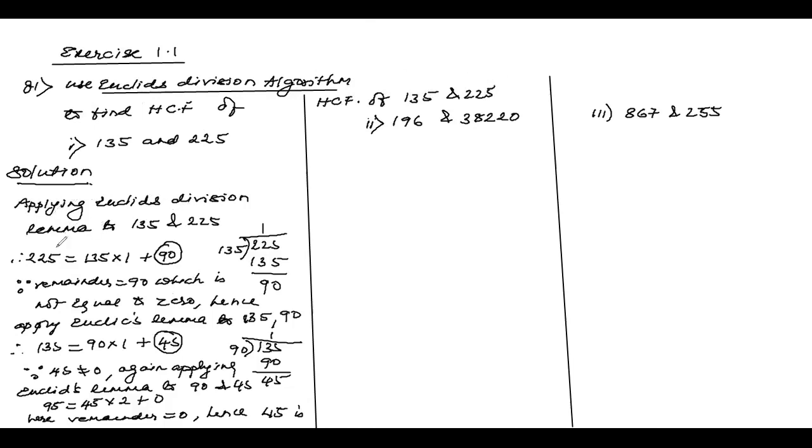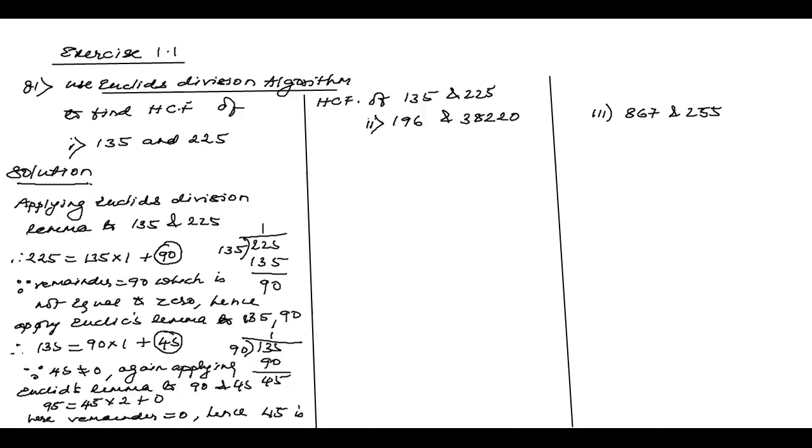Applying Euclid's division lemma to 135 and 225. So what do you get? 225 equal, I told you, in a rough, you can do this division. 225 को 135 से divide करो. 1 ones are 135, 90. So we write it like this in the form of Euclid's division lemma. That is, A is equal to B into Q plus R. So A की जगह में 225, B क्या है? 135. 135 into 1 plus R. Since remainder is equal to 90, which is not equal to 0.